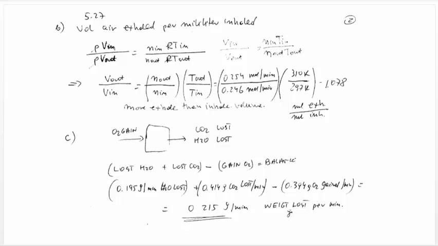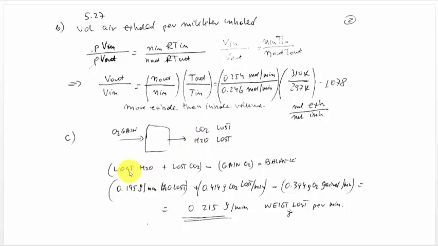The last question is, at what rate is the individual losing weight by merely breathing? We have to set up a process flow diagram that allows us to see where we are gaining mass and where we are losing mass. With oxygen at the inlet, we gain mass, and we are losing carbon dioxide and water.